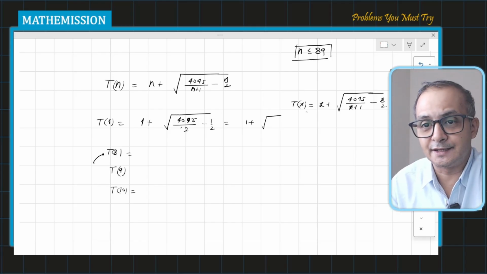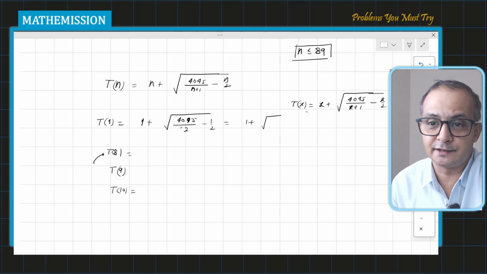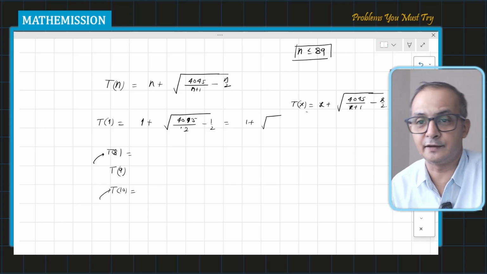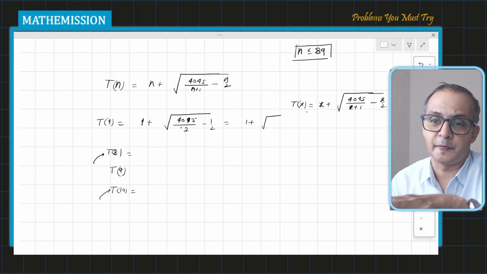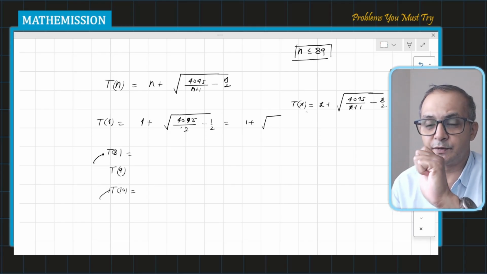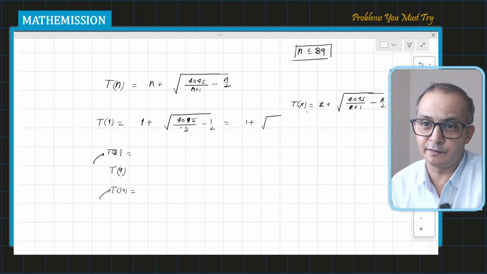So T8 is greater than T9 and T10 is also greater than T9, and further the values are greater than T9. So when we substitute n equal to 9, we get the minimum value.